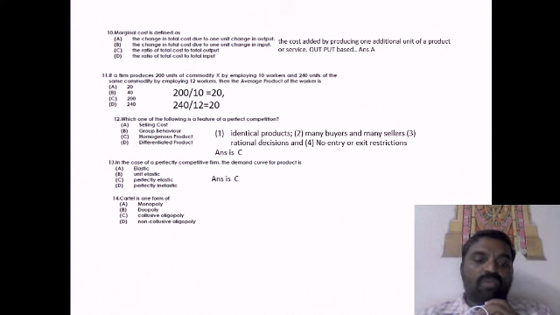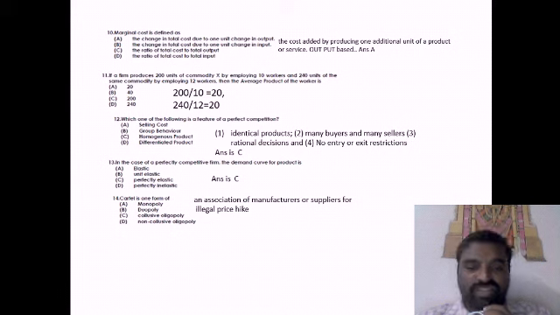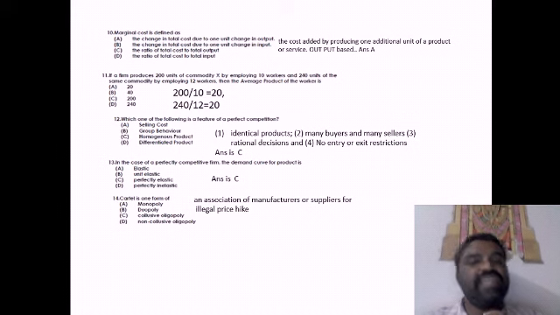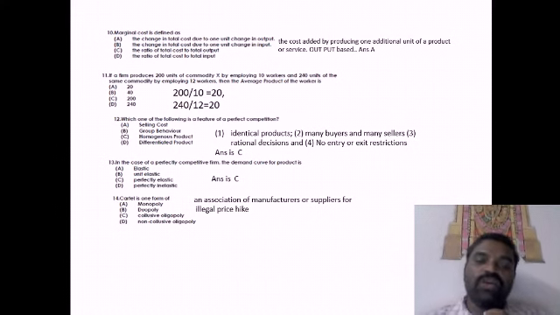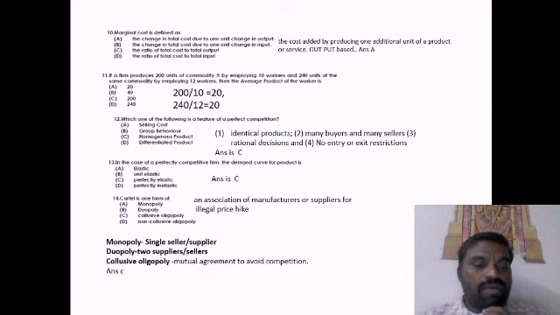Cartel is one form of, first of all, what is a cartel? It is an association of manufacturers or suppliers for illegal price hikes. It is just an association or syndicate, right? So a cartel is a form of syndicate to hike the prices. So it is collusive oligopoly.